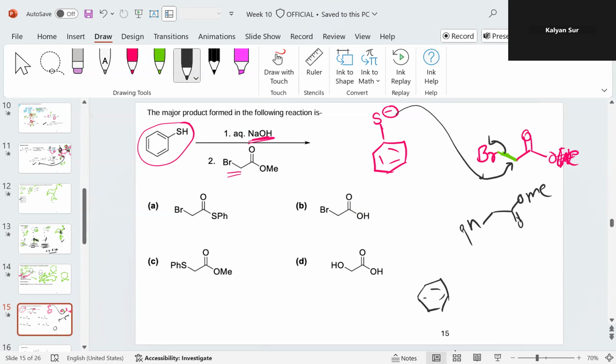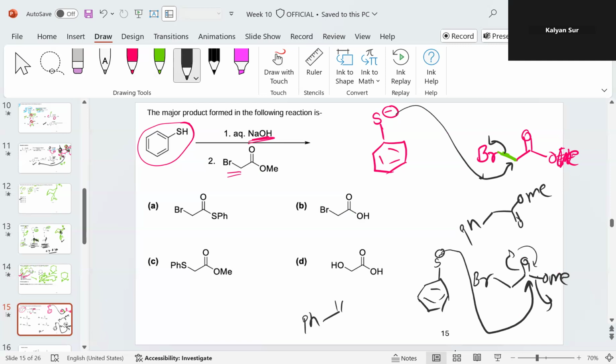Once this S negative is there, it can attack on the carbonyl center, and then obviously it will go up, then come back, and the OMe can eliminate. So it might be PhS double bond O CH2Br.